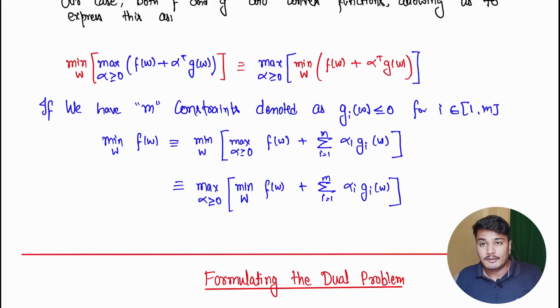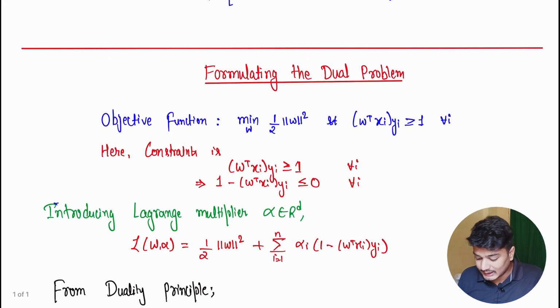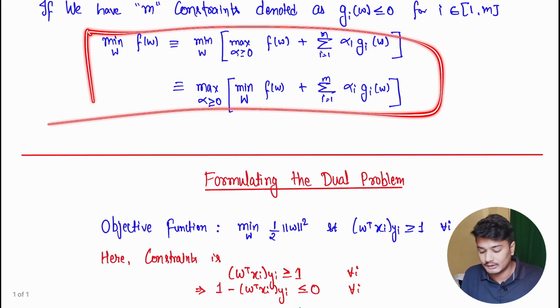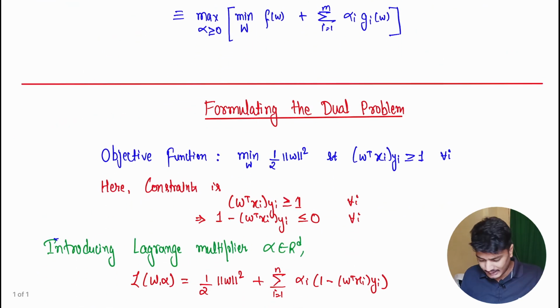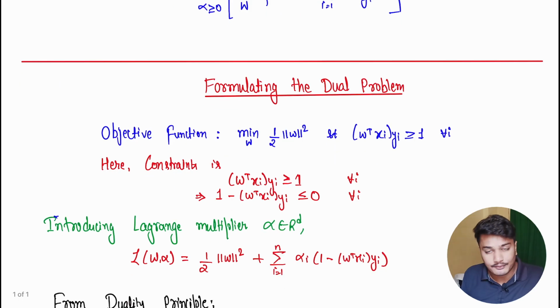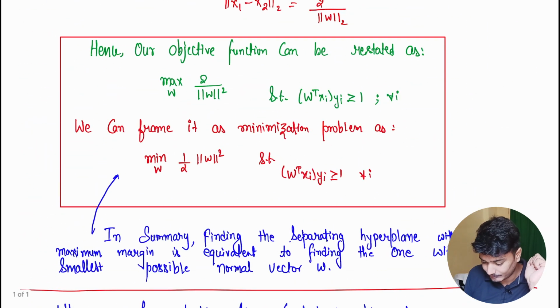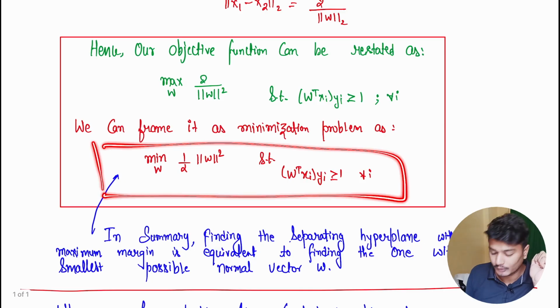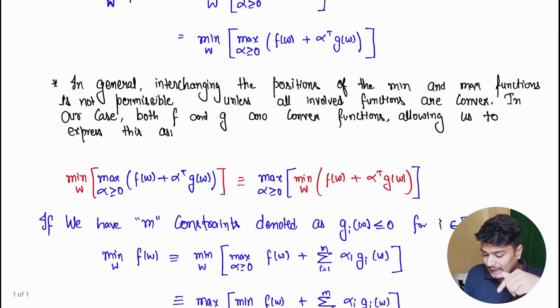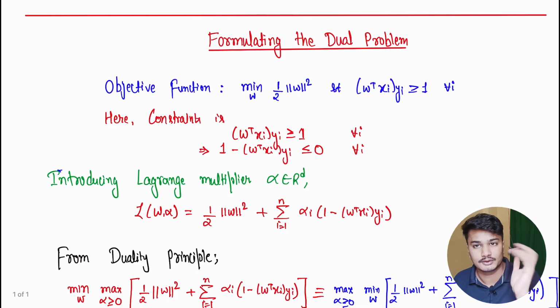Now from here we will do one more thing, that is formulating the dual problem. So we got this problem, we got this solution. Now we will formulate our problem. The objective function is basically to minimize this given this, correct? This was our original problem. We are now working on this and formulating the dual problem, that is the constrained optimization problem, min over max and max over min.